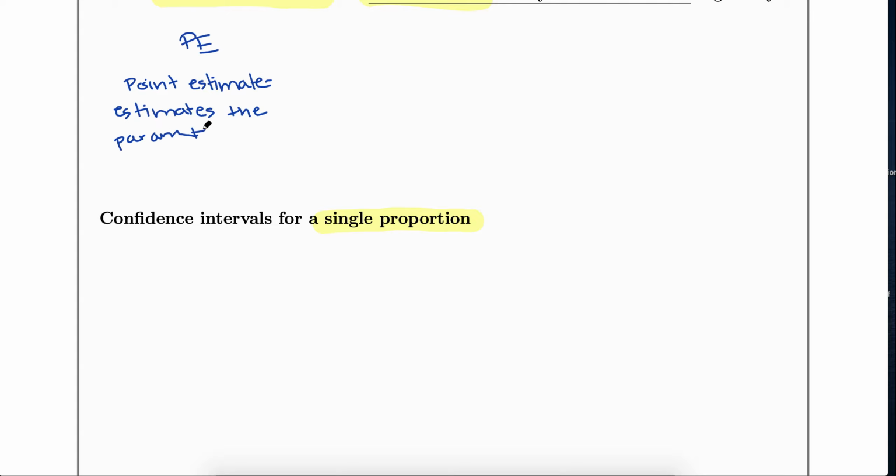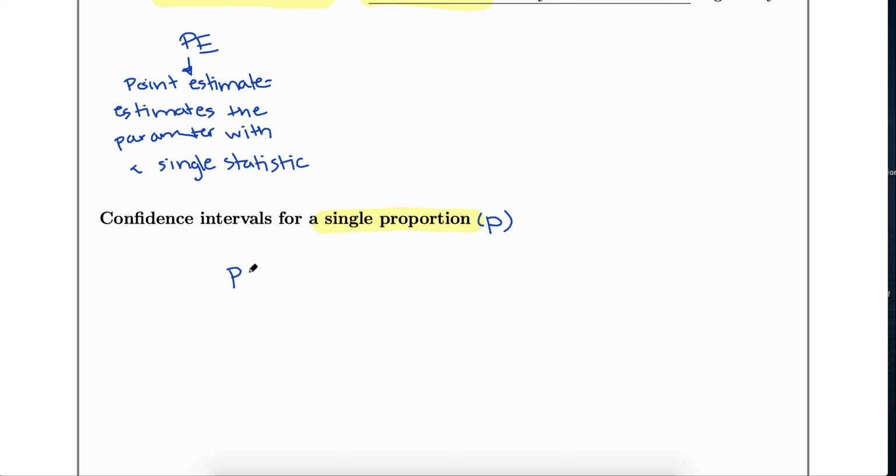Now think about this in terms of proportions. If our specific goal in this context is to estimate a single proportion, remember that notation is P. Our goal is to estimate P, the proportion for the entire population.